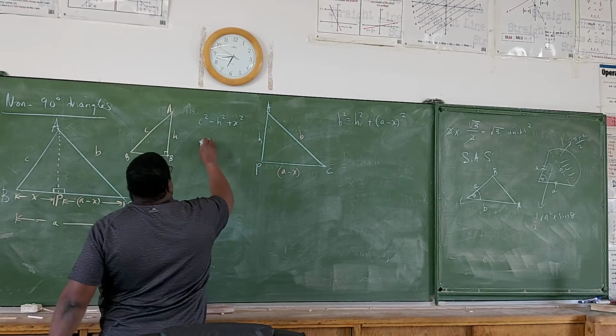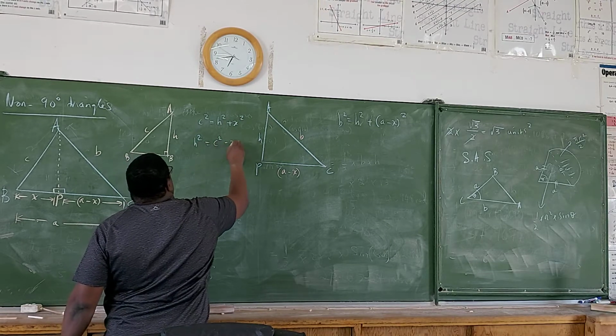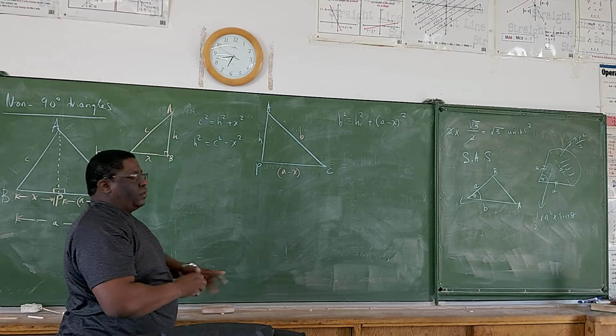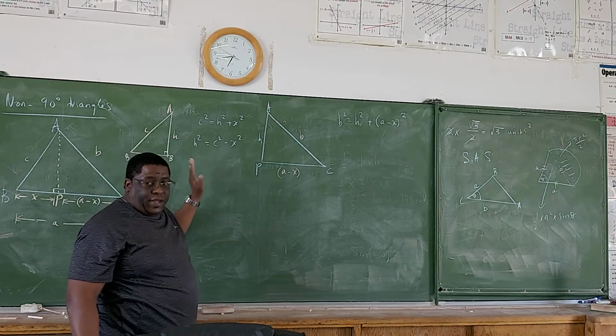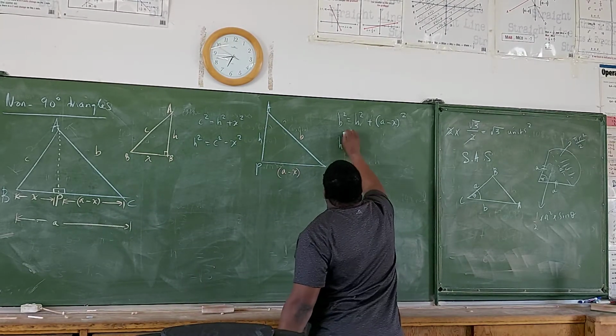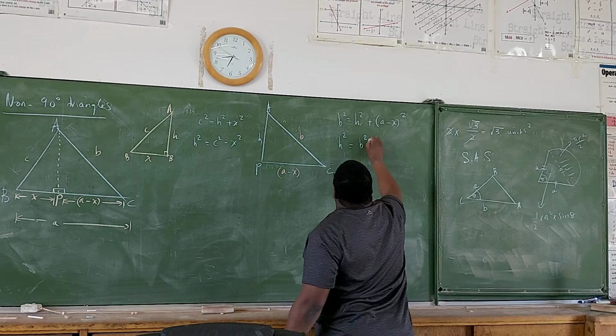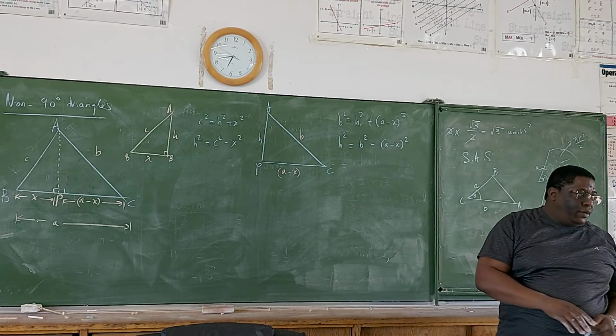H here would be, you agree? H will be c squared minus x squared. H here will be b squared minus this. You with me? Alright?